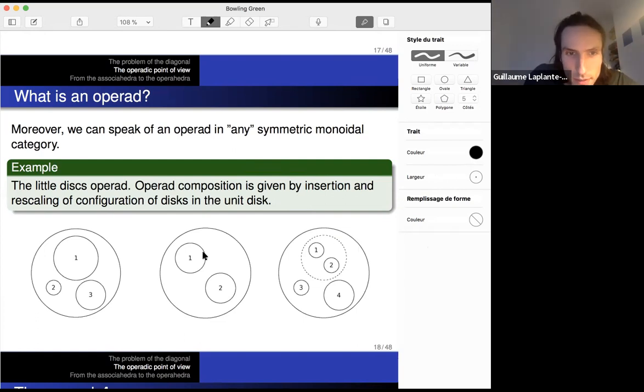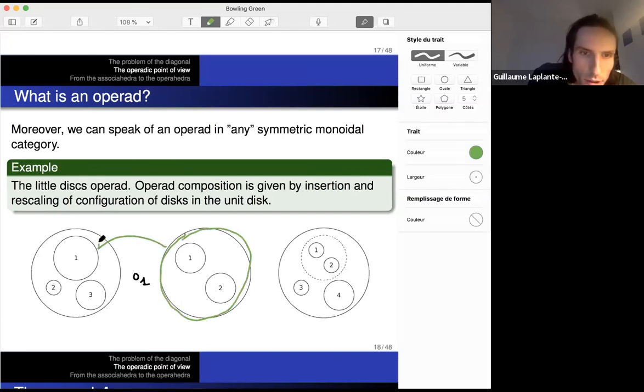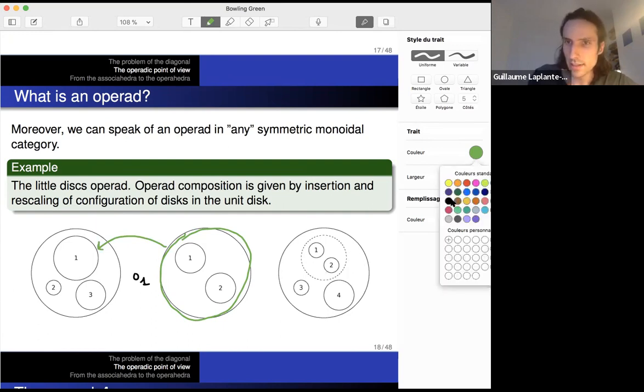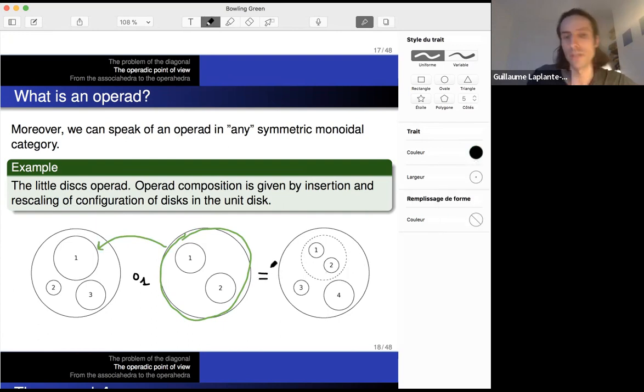So here you're doing the circle_1 operation: you take this configuration on the right and substitute it in the first disk on the left, and you get this new configuration of disks, and this is the operadic composition.